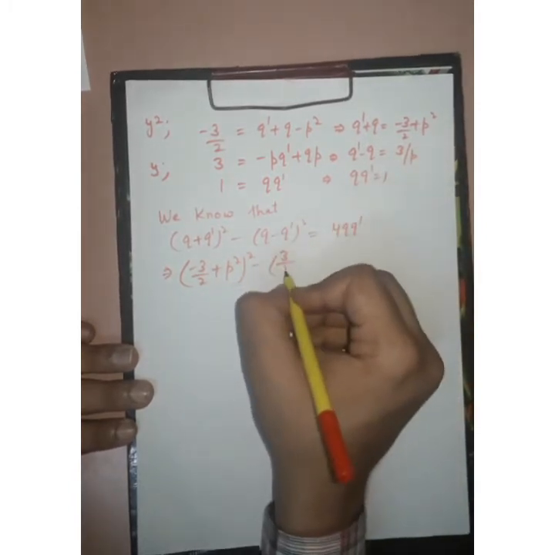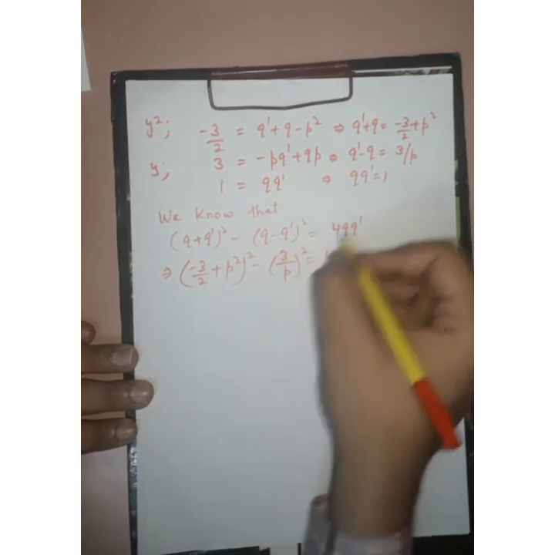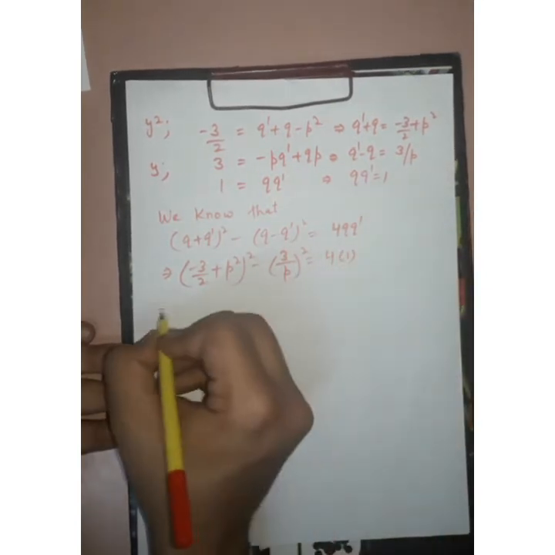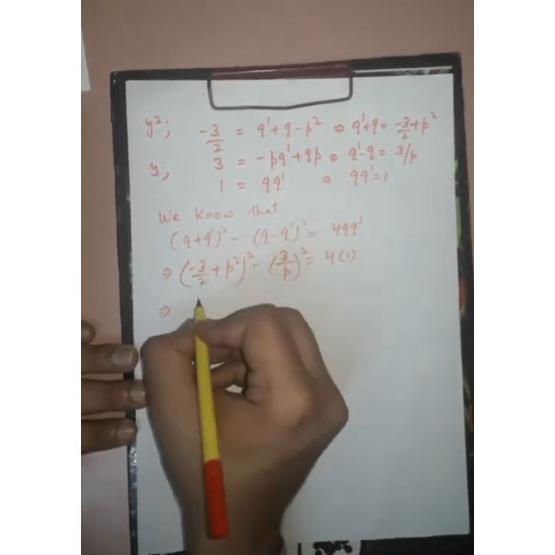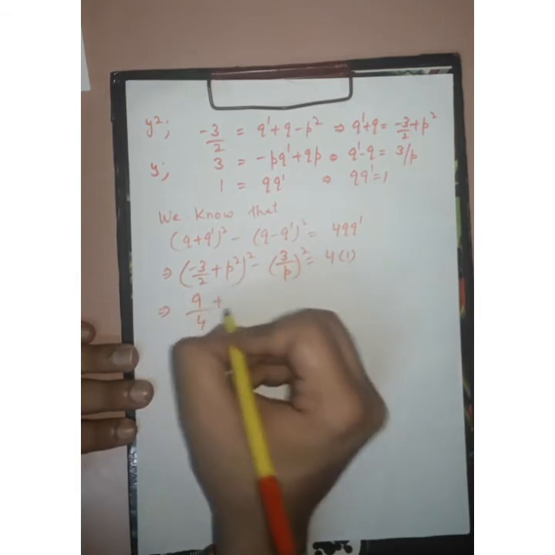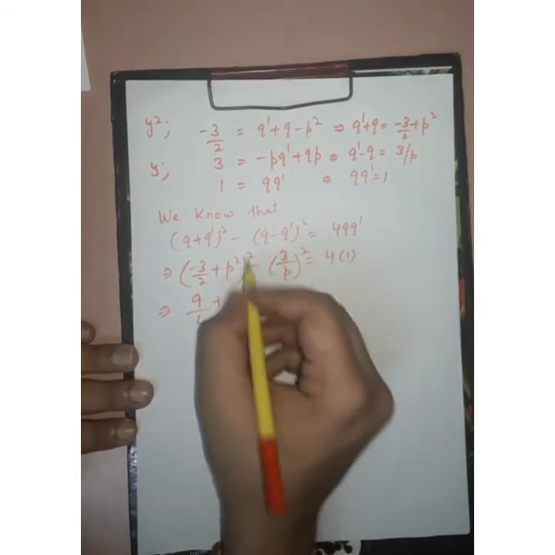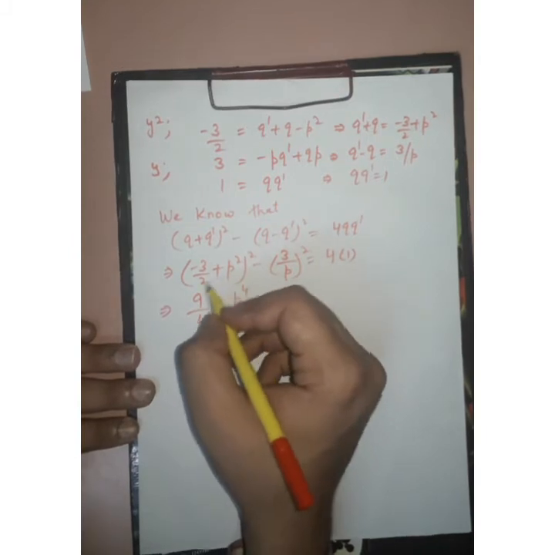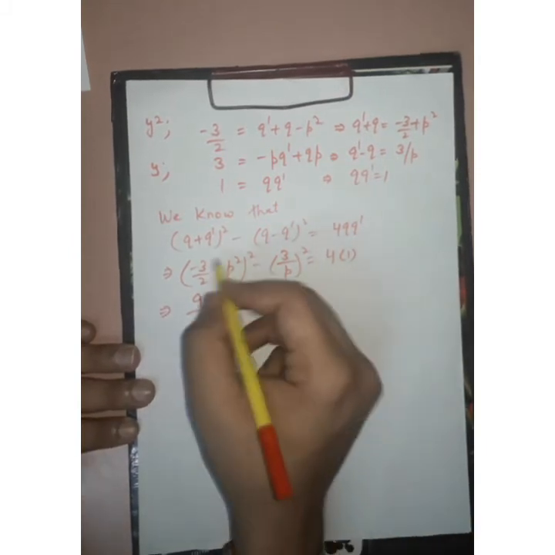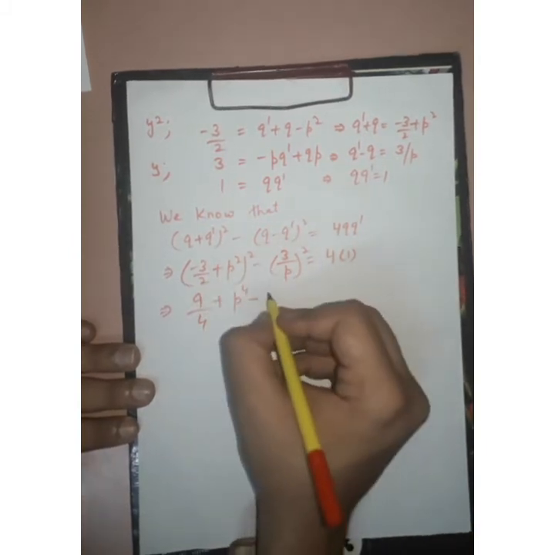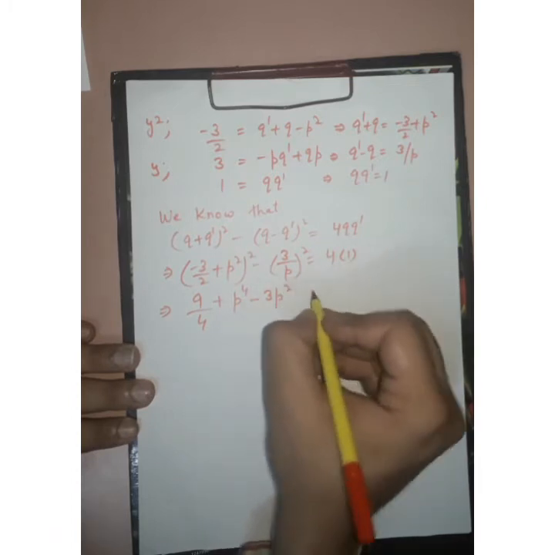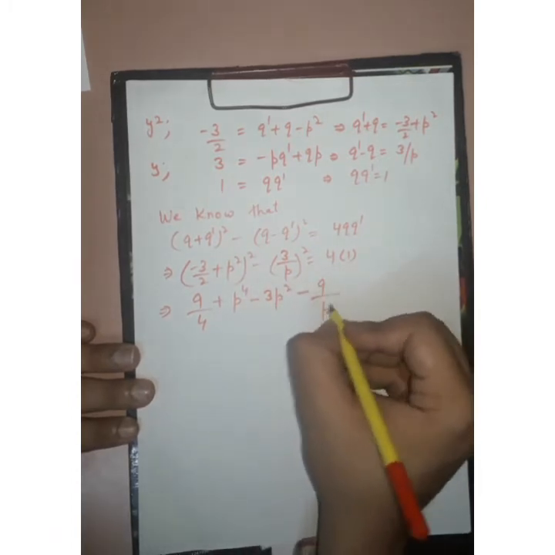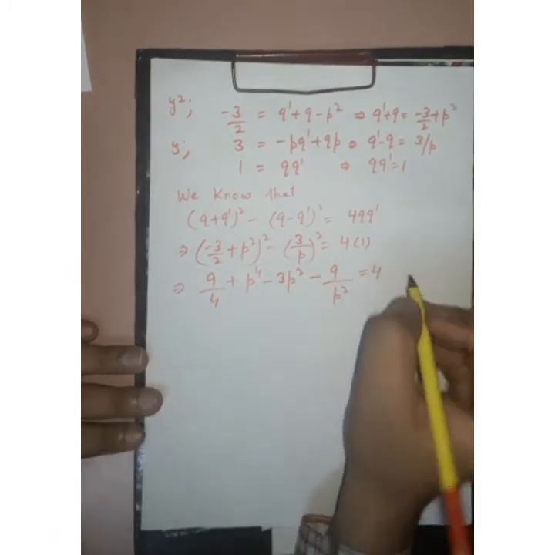That is (3 by p) whole square is equal to 4 q q dash, that is equal to 4. Here using (a plus b) whole square, a square plus b square plus 2ab, we get (p square minus 3 by 2) whole square minus 9 upon p square is equal to 4.